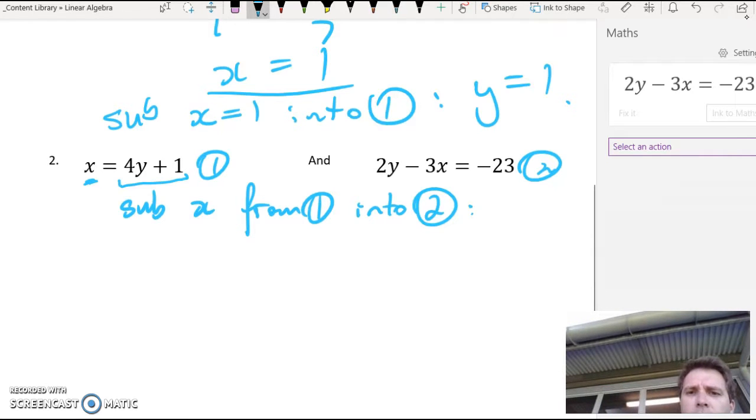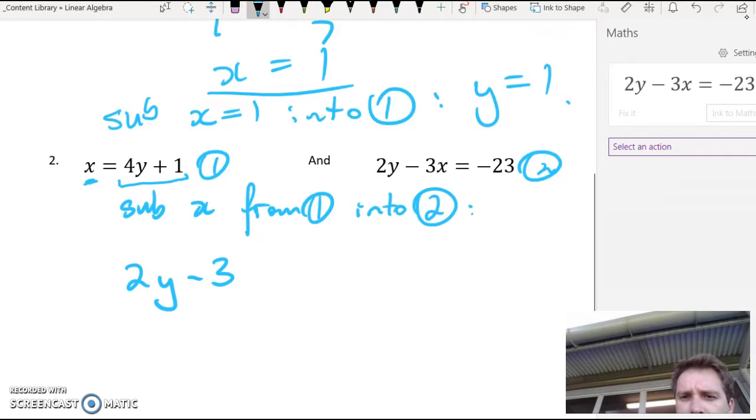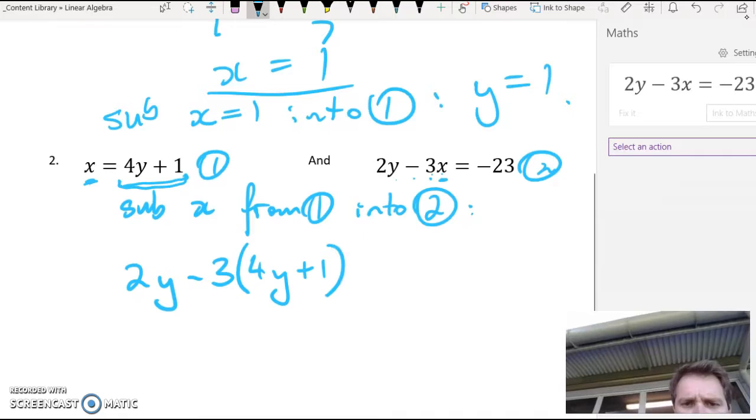So I'm going to rewrite equation 2. It's 2y minus 3. Now I'm getting to the x part. Instead of writing x, I'm writing 4y plus 1. But 3x means 3 times x, so I've actually got to times by that expression there, 4y plus 1.